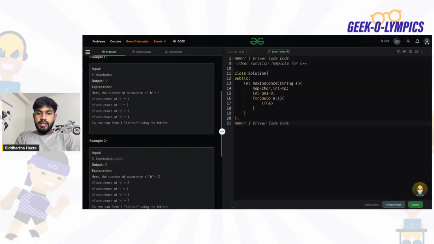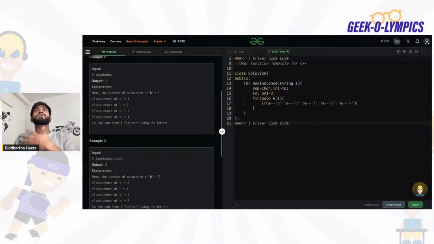Now if e is equals to balloon, okay, or b, how many characters are there? b a l o n, these are all the characters. b a, okay, and then l, then o, then n itself, because these all characters are only required.